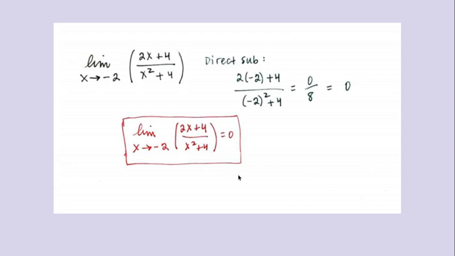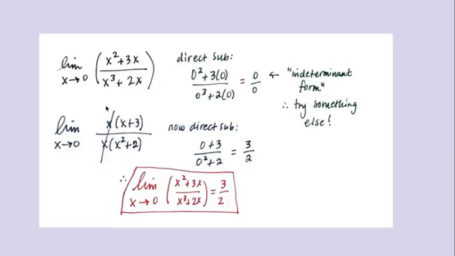Now in this one, we've got the limit as x approaches 0 of another function family I've never met. So I'm going to start with direct substitution, but when I plug in those zeros, I end up with 0 over 0, which is undefined. That's what we call indeterminate form. If you get something that's indeterminate, you have to try something else. Well, what do I have left to try, algebraically speaking? Factoring. Factor the numerator, factor the denominator.